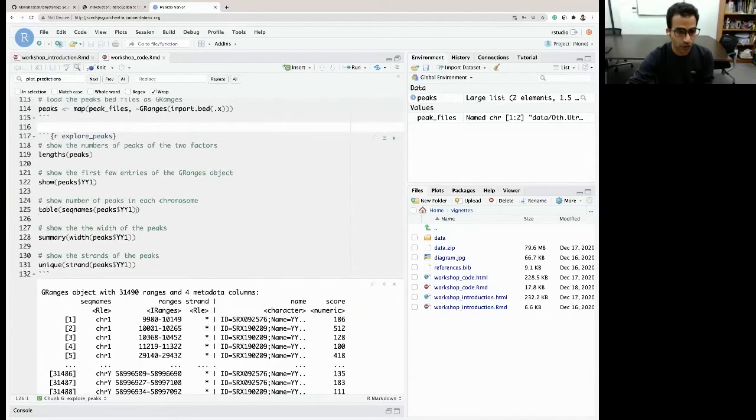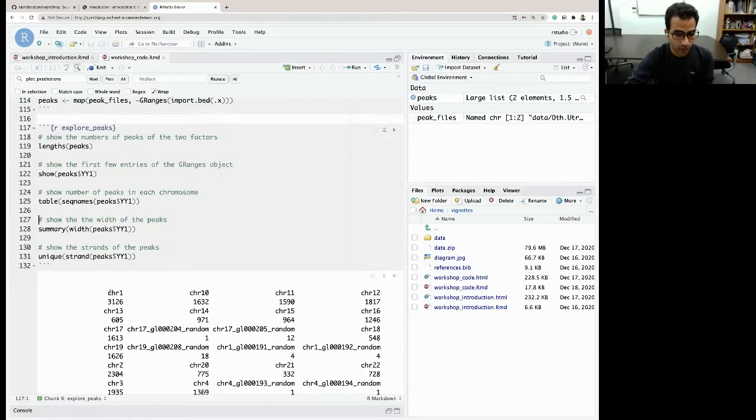So the kind of things that we can do with the GRanges object is, for example, we can use the seqnames to ask how many peaks are on each chromosome. By executing that, you see, for example, here that chromosome 1 has over 3,000 peaks.